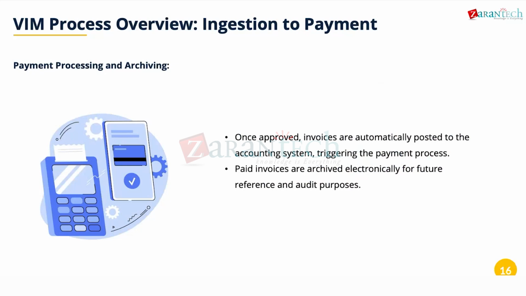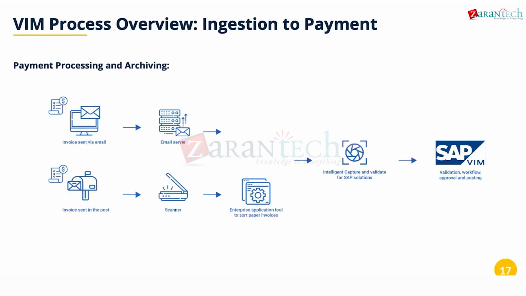It will become costly if the size of the server increases greatly. So that's the reason they put all your scanned documents into a different server, to have no impact on the existing SAP server size with respect to the digital content. Okay. And that's about payment processing and archiving.